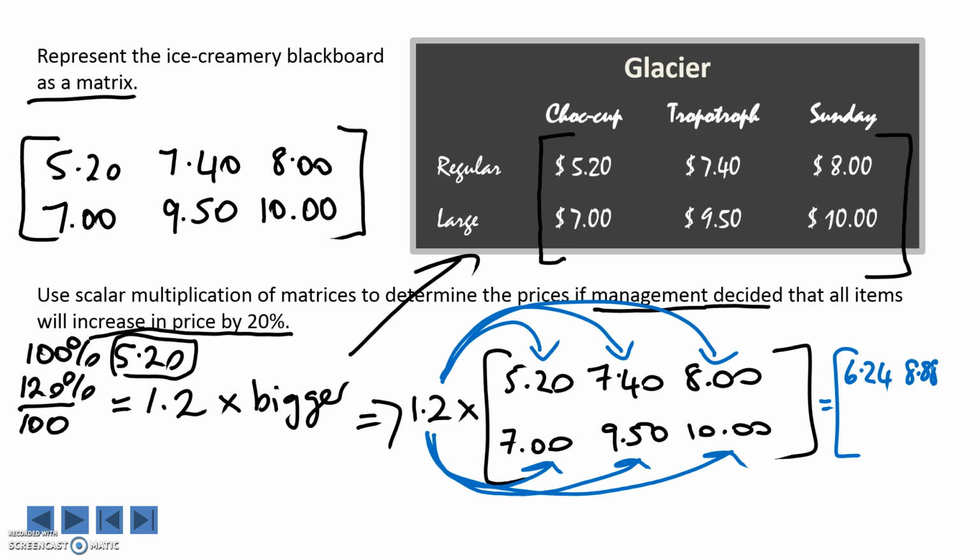And 1.2 by $8 is $9.60. And then the second row, 1.2 by 7 is $8.40. And then the next number is 1.2 by $9.50, which is $11.40. And 1.2 times $10 is equal to $12.